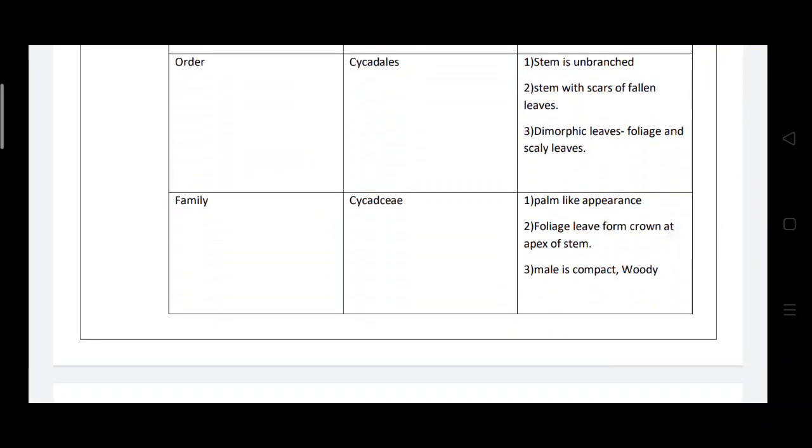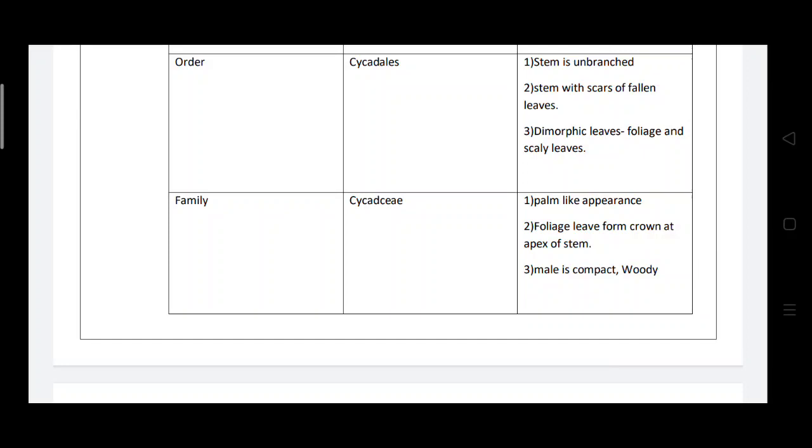Then the family Cycadaceae. Cycadaceae is characterized by a palm-like appearance, as I already told, like the coconut palm. So this Cycas plant looks like palm plants, for example coconut plants or other plants.